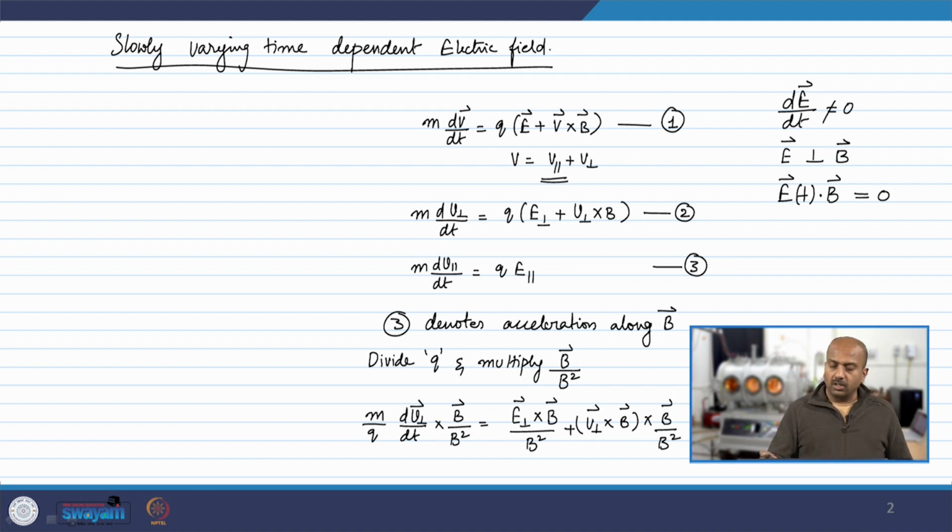We have just brought the q onto the left hand side and multiplied the entire equation with B by B square. Why are we doing this?